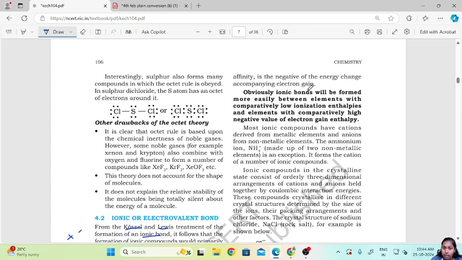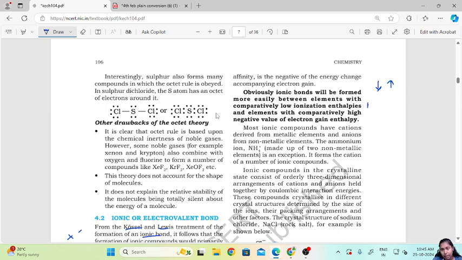So obviously ionic bonds will be formed more easily between elements with comparatively low ionization enthalpies and elements with comparatively high negative values of electron gain enthalpy. The ionic bond will basically form between two atoms, one with relatively low ionization enthalpy and one with relatively high electron gain enthalpy, because if the electron gain enthalpy is more, only then will the atom pull the electron towards itself.